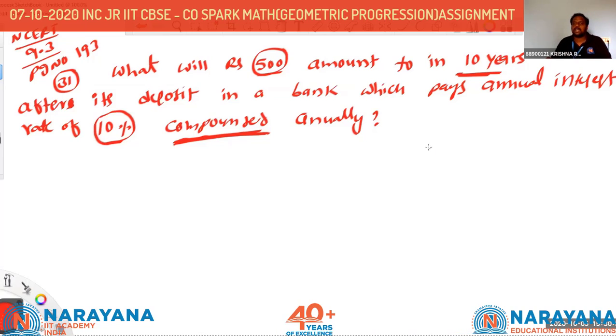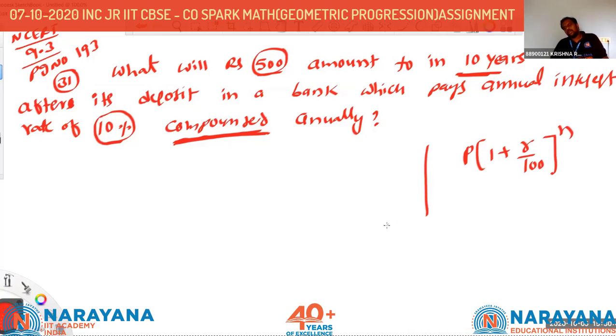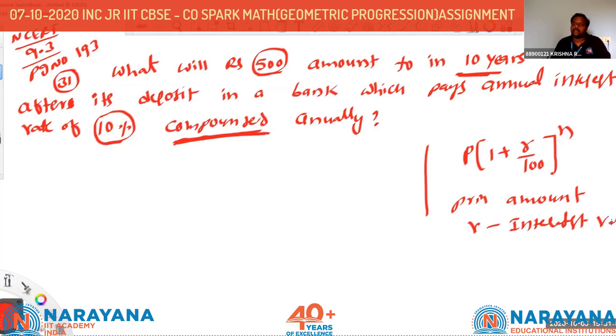Do you know the compound interest formula? P into 1 plus R by 100 whole power n, yes or no? P is the principal amount. R is the rate of interest.